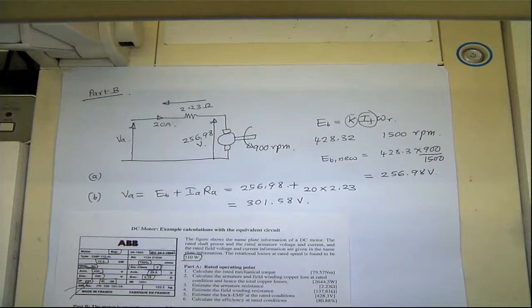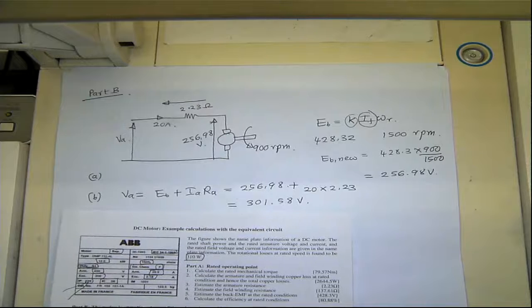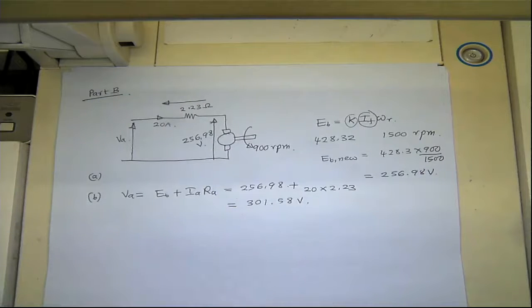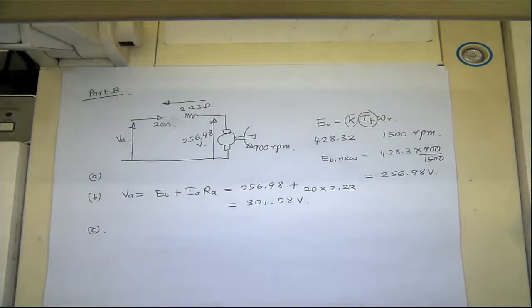And the third part is estimate the rotational losses at this speed, assuming the rotational losses scale linearly with speed. So see, the rotational losses, as you probably came across in the lectures as well, is purely a function of speed.